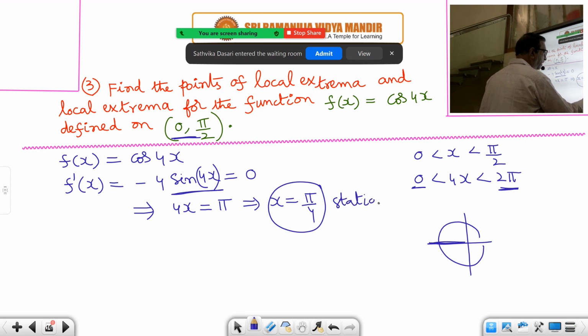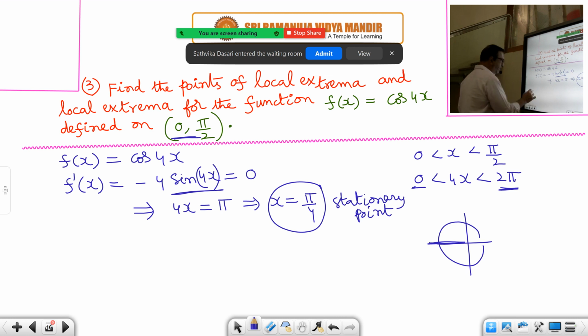Here the function may have local maximum or local minimum. So let us use the second derivative. Come on, Shilpita, again tell me the derivative of f dash x. Minus 4 sin 4x. What is the derivative? Sir, minus 16 cos 4x. Correct.